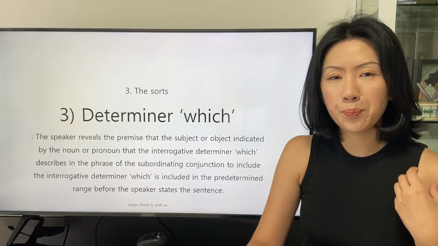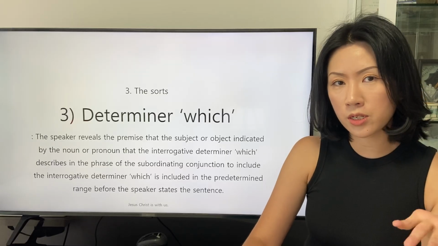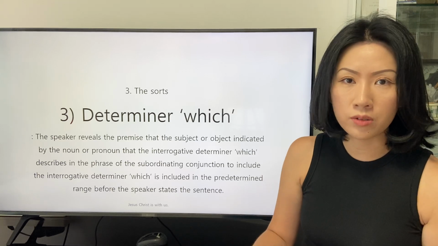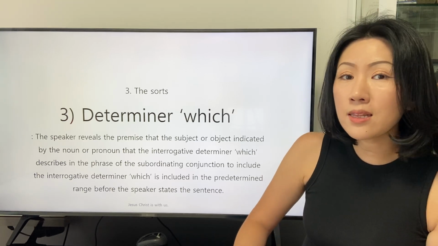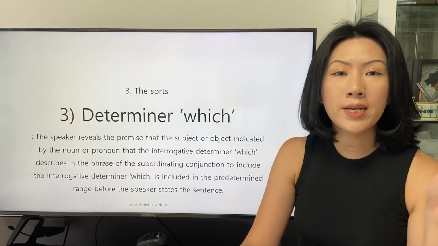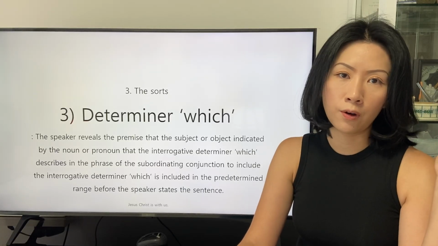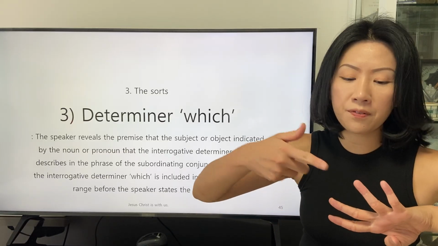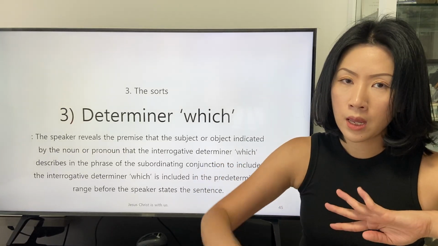If the speaker asks the listeners this interrogative, like what season do you like, it may mean that the speaker already set the predetermined range of 4 seasons: spring, summer, fall, and winter.